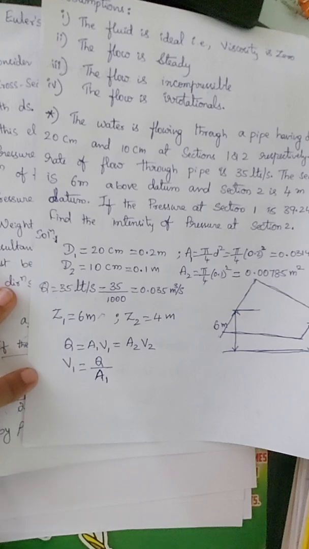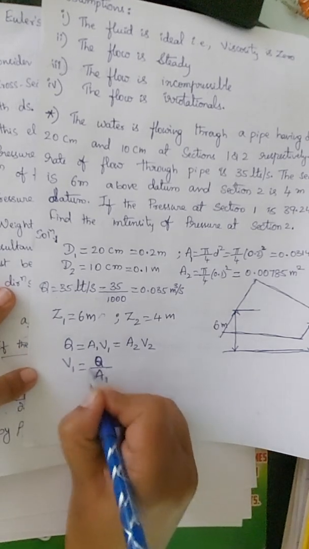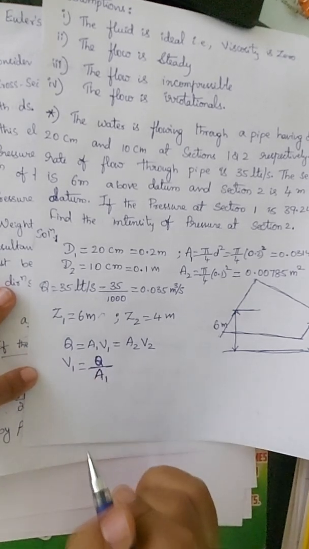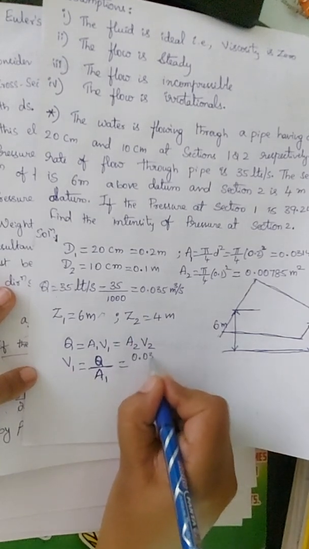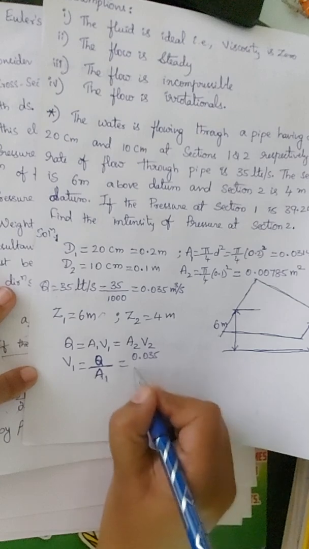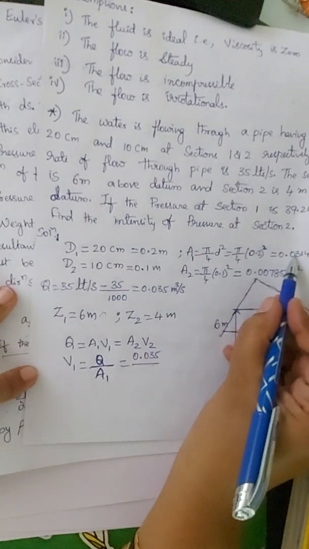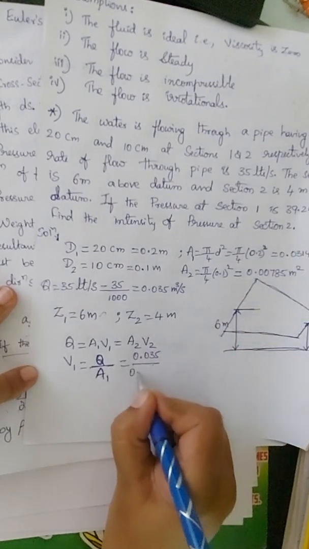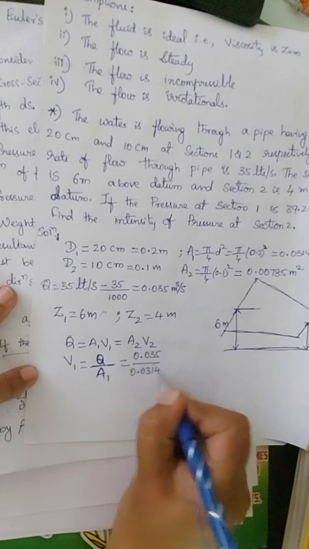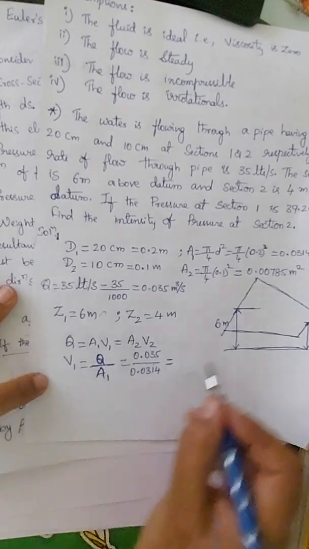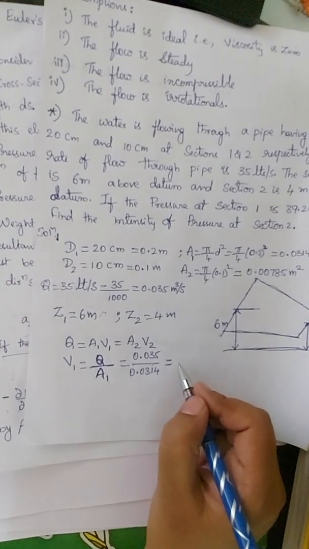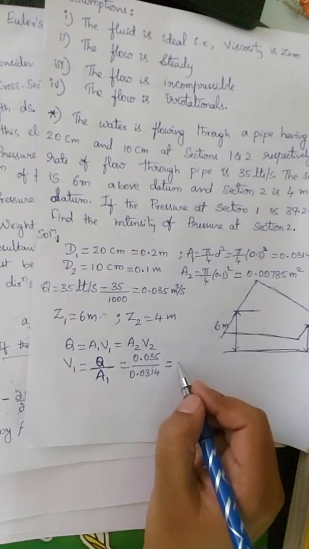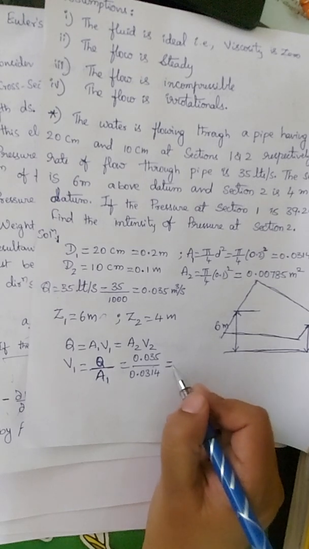Velocity at one point is equal to discharge divided by A1. So this is equal to 0.035 meter cube per second divided by 0.0314. This will give us the velocity at section 1 in meters per second.